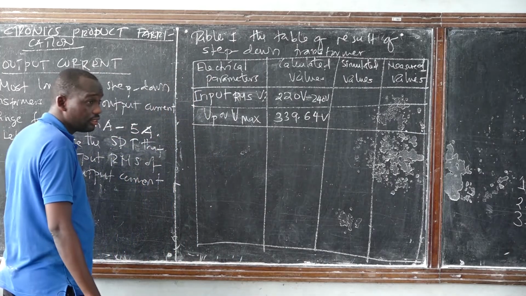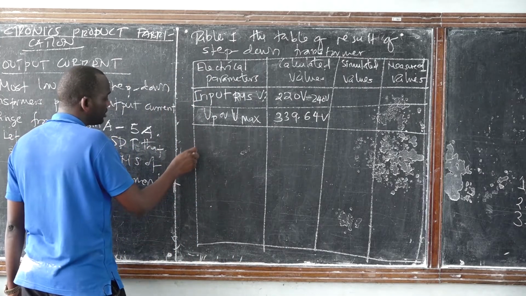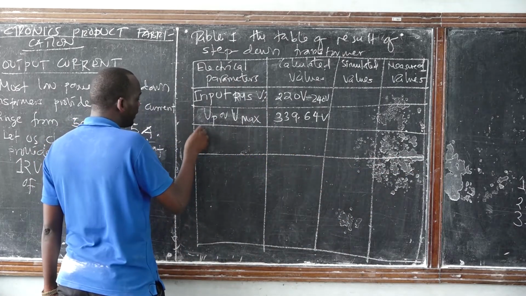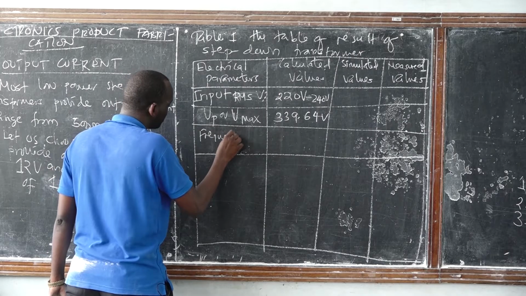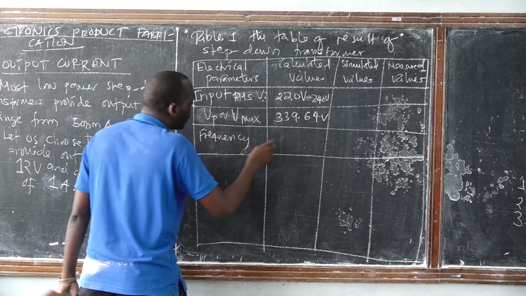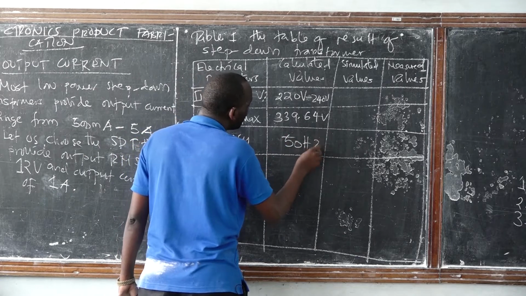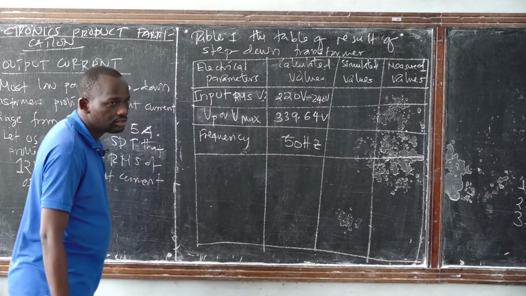That one, right? So for simulation, we'll see it. Then the next parameter. Yes, let us put for frequency. Frequency is what? 50 hertz. Okay?